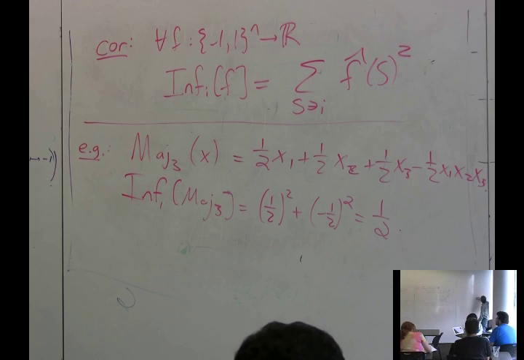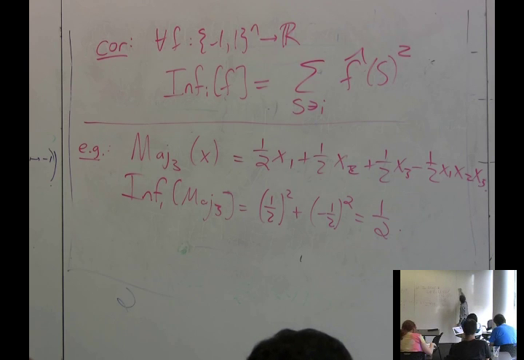So that's the formula for the influence of a coordinate on a function. Now I'll tell you another one, which is a great formula if your function happens to be monotone and a Boolean function. So this is especially relevant for voting rules because they tend to be monotone. In this case, there's a much simpler Fourier formula.